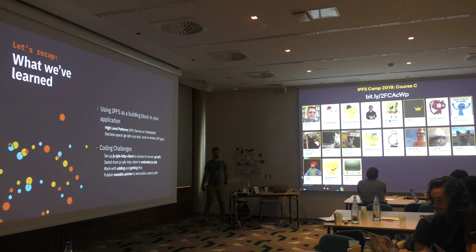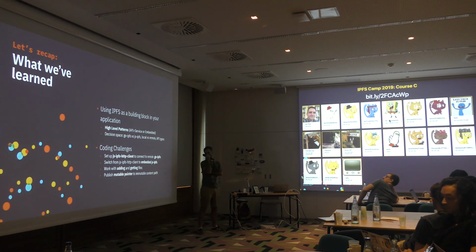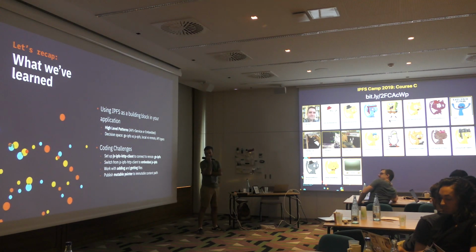It's self-describing. The peer ID that we could see on the screens was just a multi-hash, which had a self-describing prefix. It told you what hash algorithm was used, and a similar approach for keys is also in place.